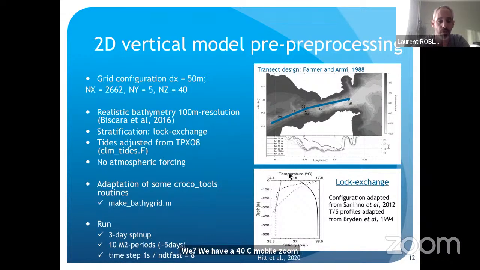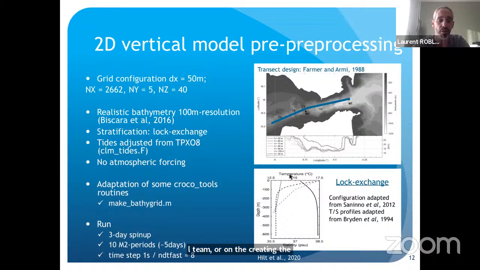The model also features a high resolution bathymetry with a native resolution of 100 meters. And this configuration grid has been developed by adapting the CROCO tools routine and creating a specific mate_bathy grid routine.